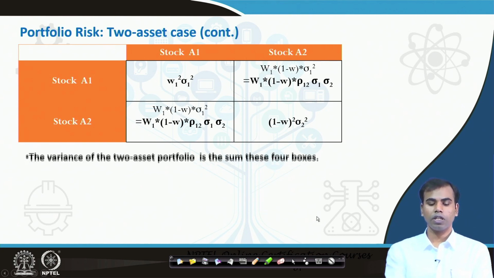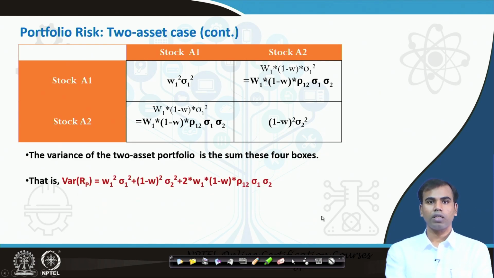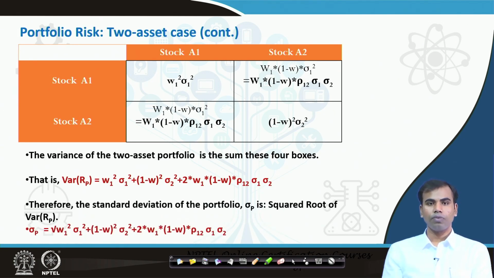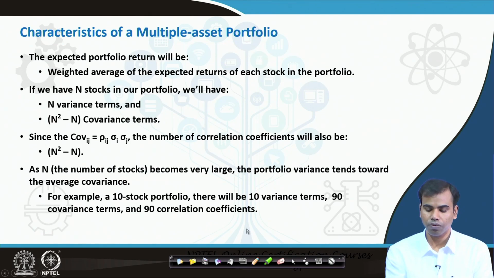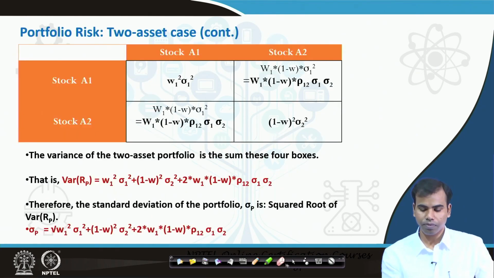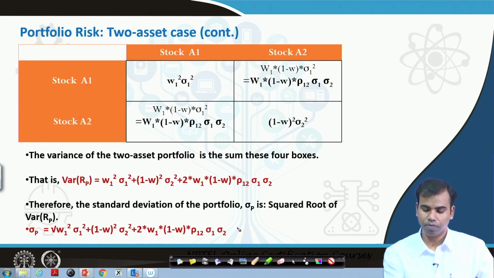If we sum it up together, we get the total variance of the portfolio of two assets as given in the formula, and if we take the square root, we get the sigma of the portfolio, which is basically the risk of the portfolio.